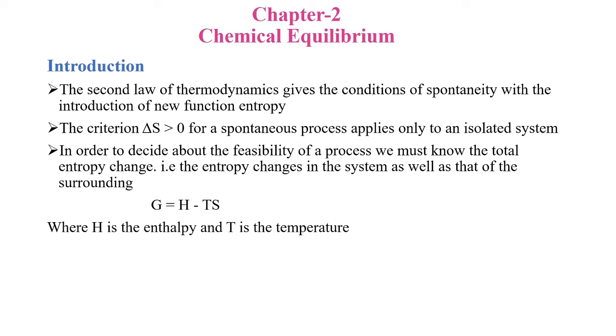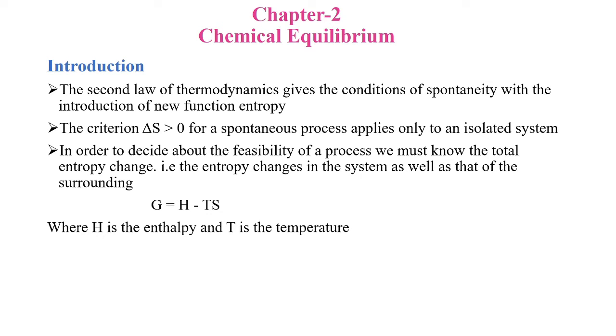Since the Gibbs function is defined in terms of state functions and it is a state function, throughout chemistry we will use only changes in Gibbs free energy of a system for a process occurring at constant temperature and pressure.